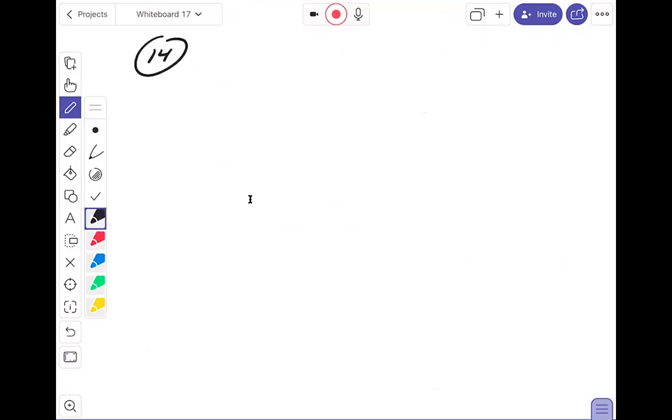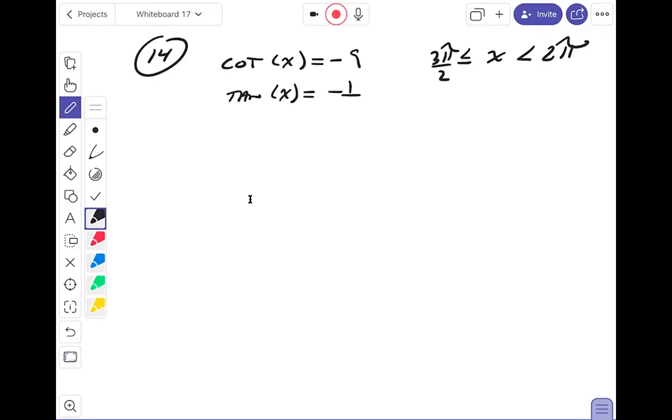What's 14? Oh boy, they give me cotangent of x equals minus 9, and they tell me x is between 3 pi over 2 and 2 pi. All right, so I don't like cotangent, so I'm going to write tangent down instead. Tangent of x would be minus 1/9.